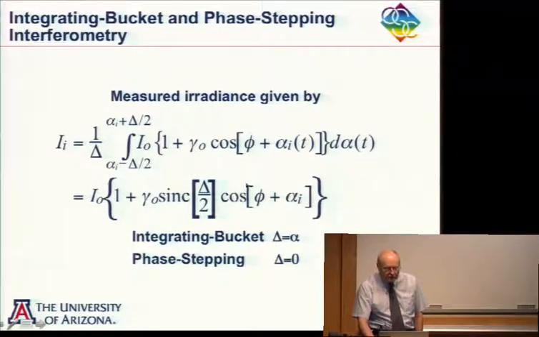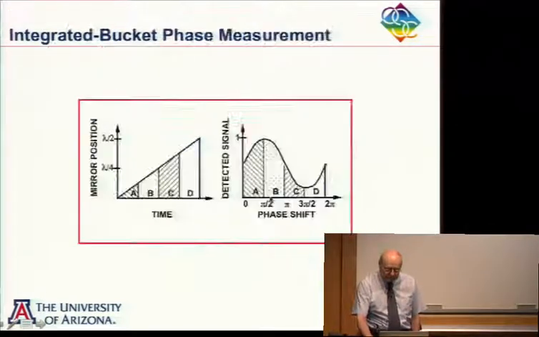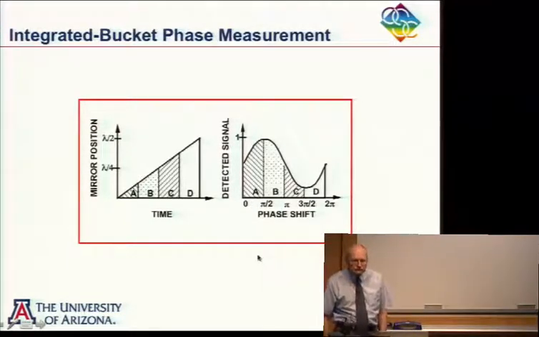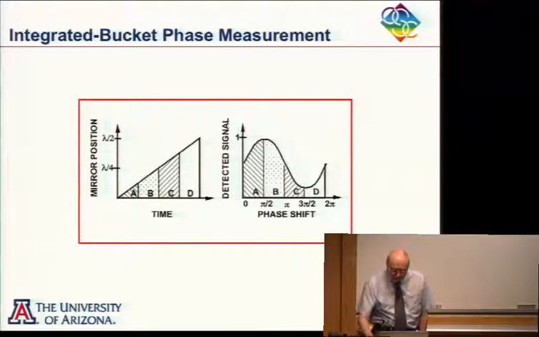So the effect here is that we're reducing the fringe contrast by about 10%. So by integrating over a period of time while the phase changes by 90 degrees, we're reducing the fringe contrast by about 10%.